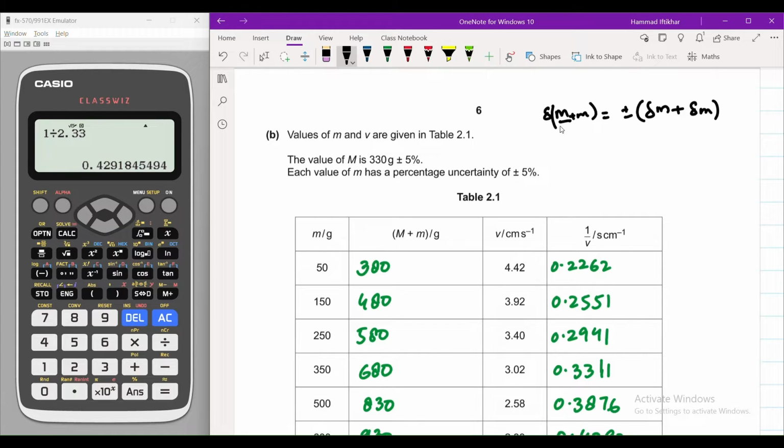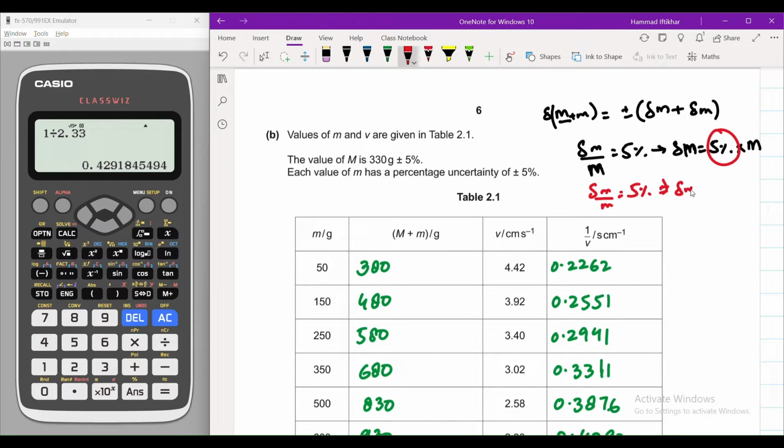To figure this out, we need delta M over M, which they've given us as 5%. So delta M will be 5% of capital M, and this would be the same for small m, identical.